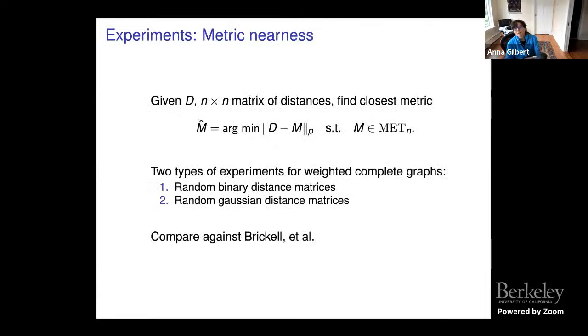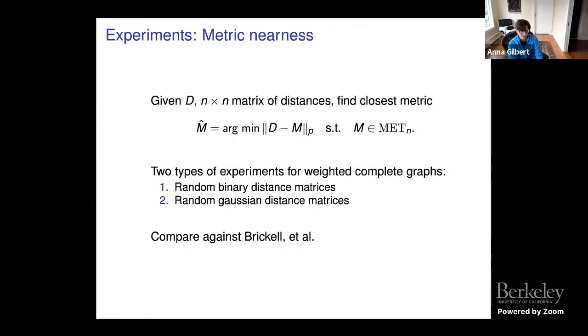Okay, so the next problem that I'm going to talk about is the metric nearness problem. And the reason why I included this one is not because the problem in and of itself is so interesting or so important, but where you can go from here is really interesting.